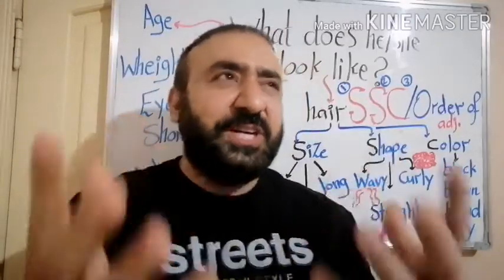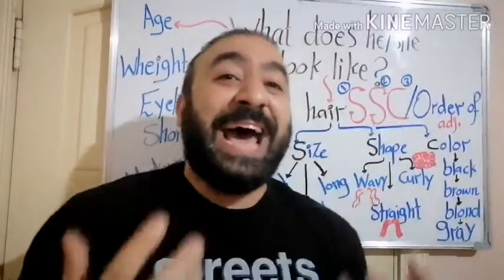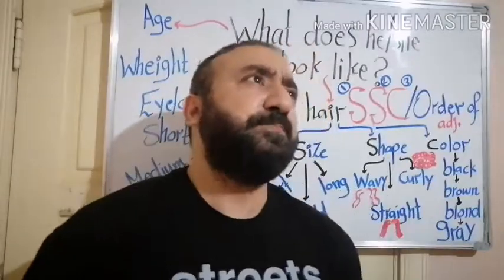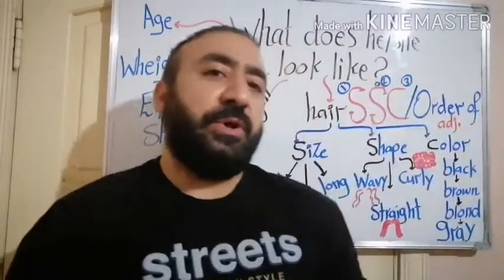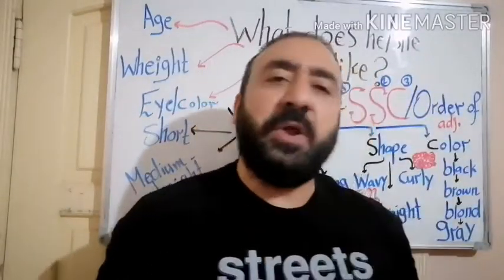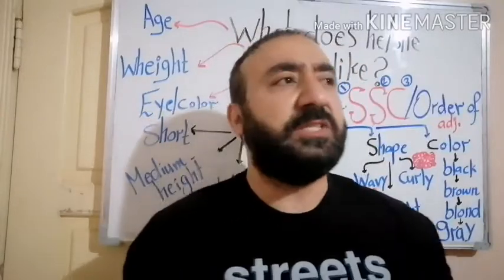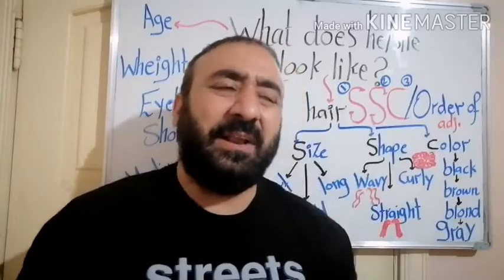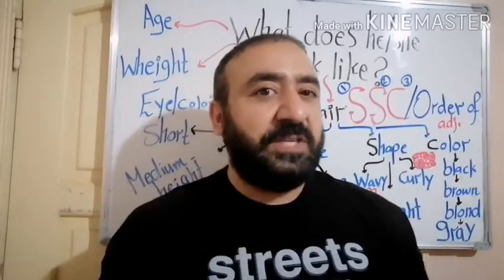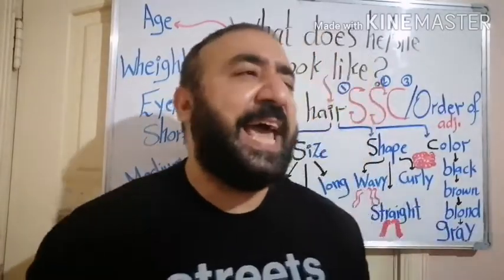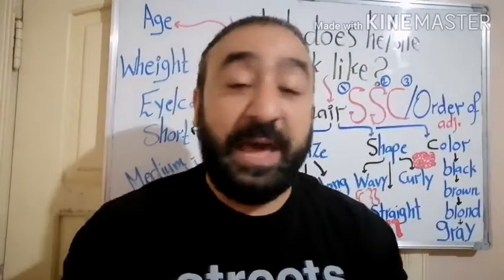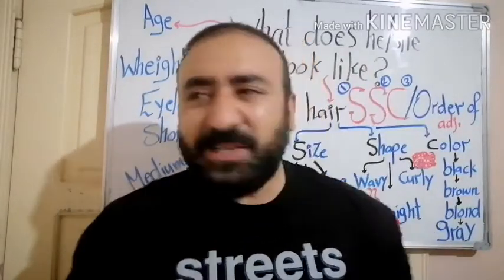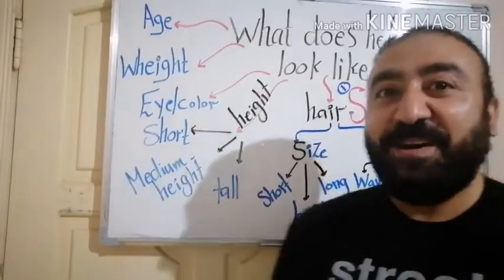Now, I want you just to imagine that you are asking me such a question. What does your father look like? Actually, my father is an old man. He is in his 70s. He is sort of thin because he doesn't eat a lot. Number 3, if you still remember the color of his eyes, he has very beautiful hazel eyes. Now we have height.